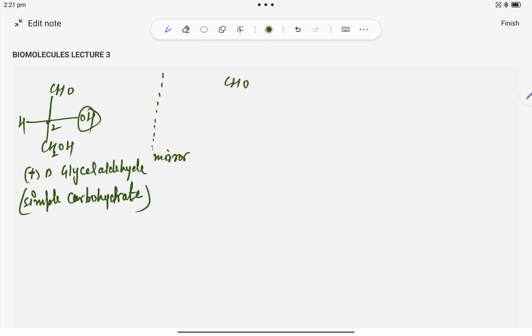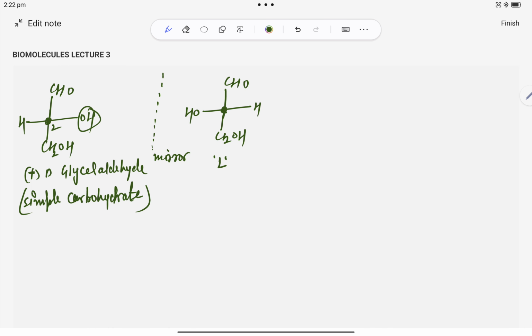CHO, CH2OH. So here this is the chiral carbon, this is the chiral carbon. So it is L glyceraldehyde. This is D glyceraldehyde.